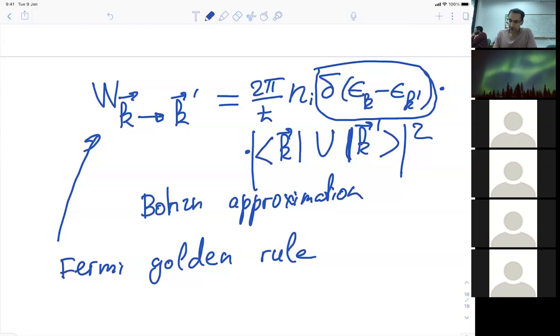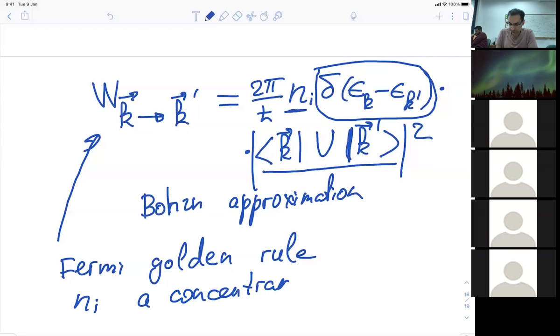This is the scattering amplitude, absolute value squared, and Ni is the concentration of the impurities.